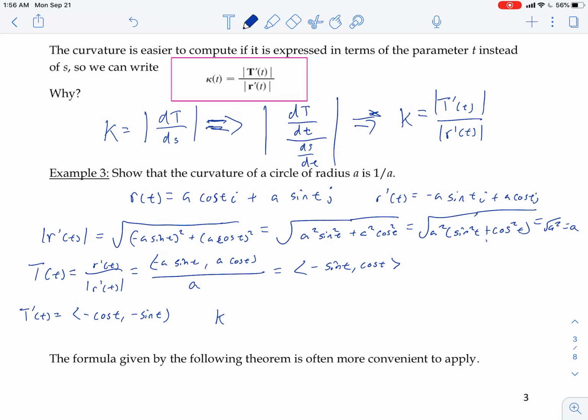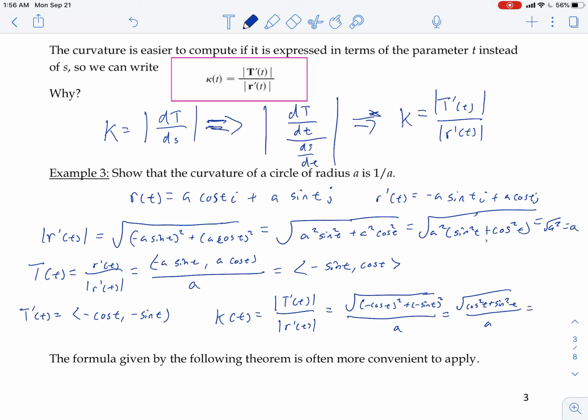And now we want to find curvature. So our curvature kappa of t is equal to the magnitude of the derivative of the tangent T over the magnitude of the derivative of r of t. And we found this to be negative cosine t, negative sine t, so the square root of negative cosine t squared plus negative sine t squared, all over a.